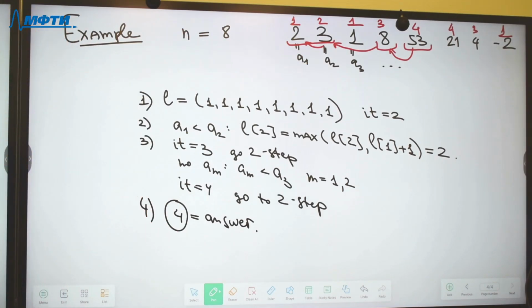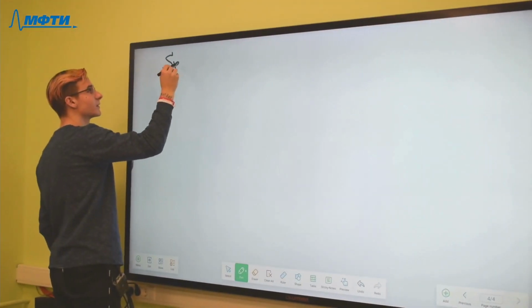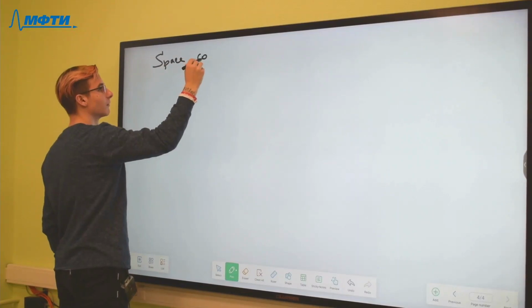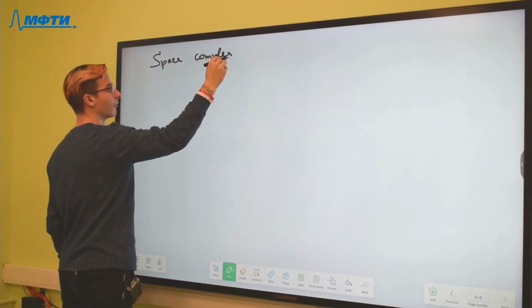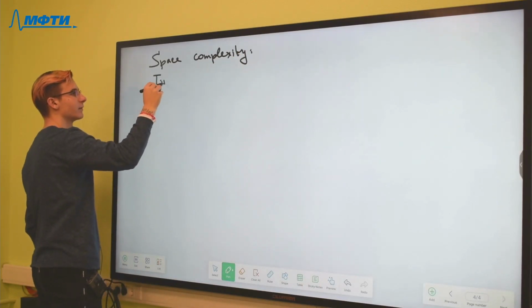Of course, we need to understand the space complexity and time complexity of this algorithm.